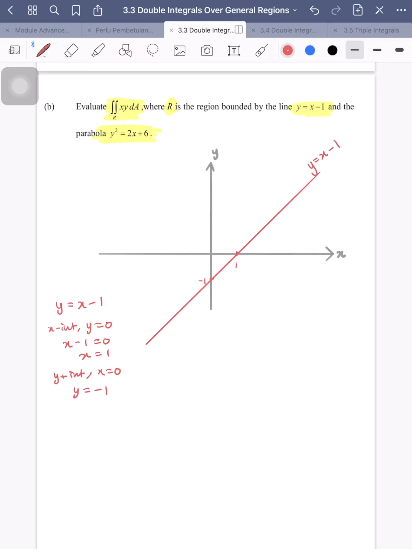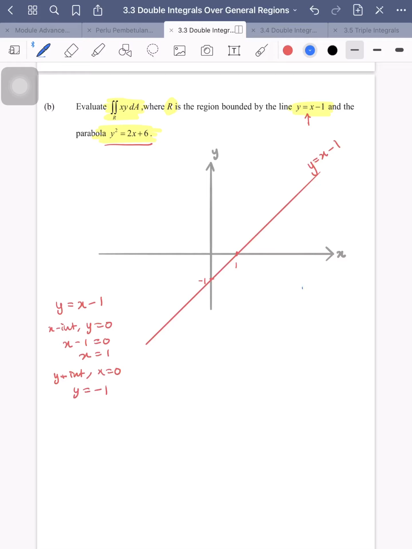We check by seeing the gradient. See, the gradient is positive, so of course the line goes upward. Okay, next, this is the line, and next is the parabola. Similarly, for the parabola, I will find the x-intercept and y-intercept.